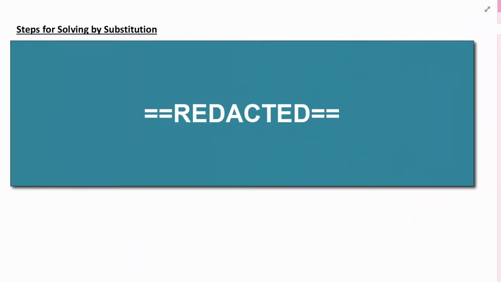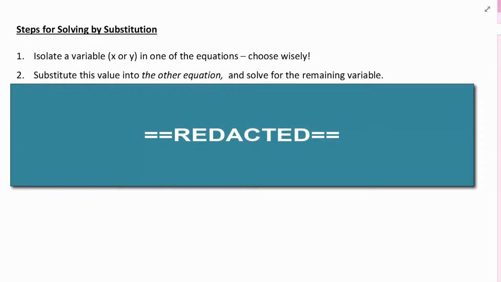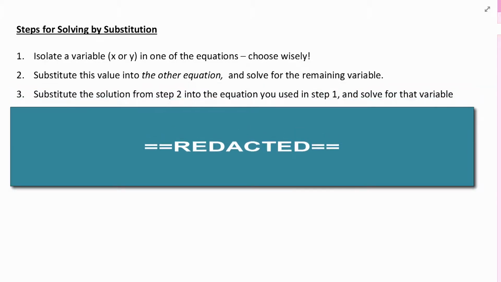Let's review then. What were the steps that we used for solving by substitution? Step 1. Isolate a variable in one of the equations. It could be x or y, it doesn't matter, but choose wisely. Step 2. Substitute this value into the other equation and solve for the remaining variable. Step 3.